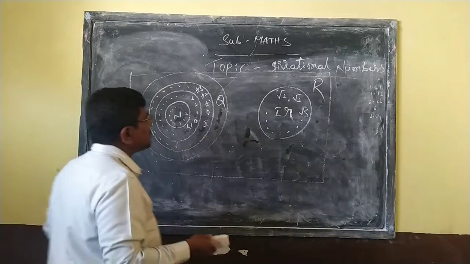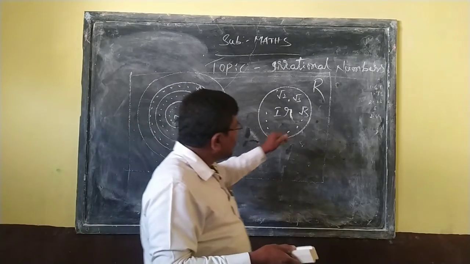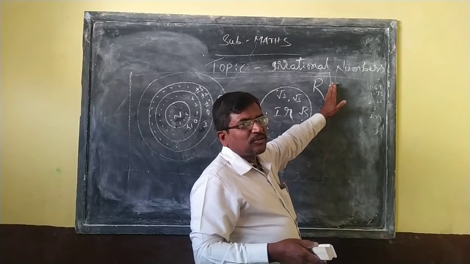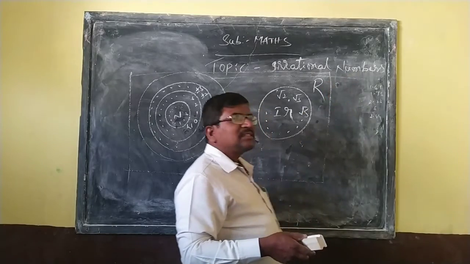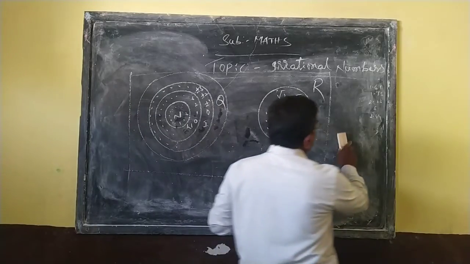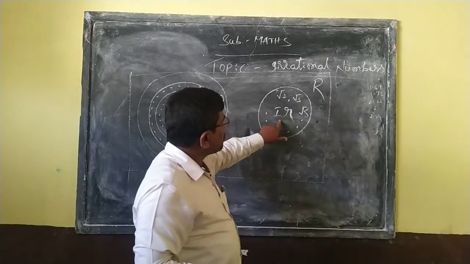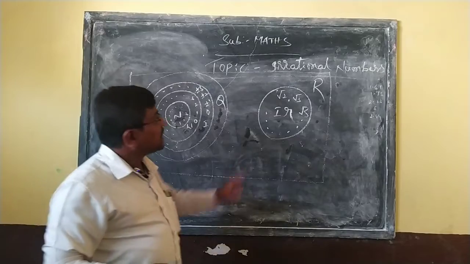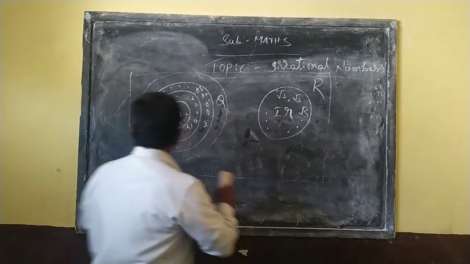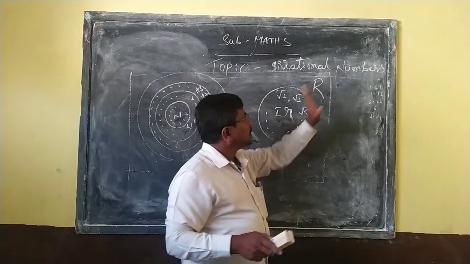That is not useful for you now, only up to this level. So you can learn, you can practice. In higher classes it comes there. Now come to the properties of irrational numbers. Then I will go to real numbers. First you learn irrational, then after we will go to real numbers.